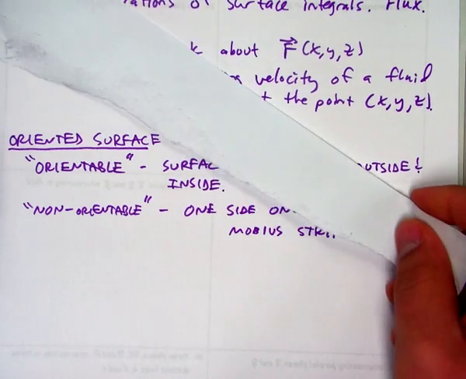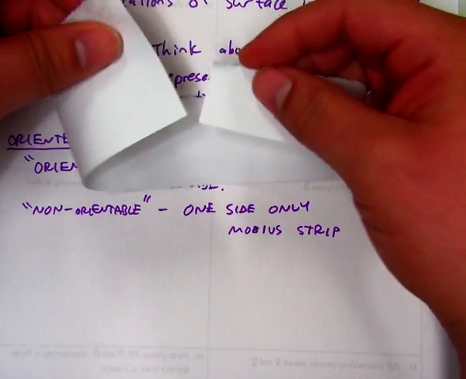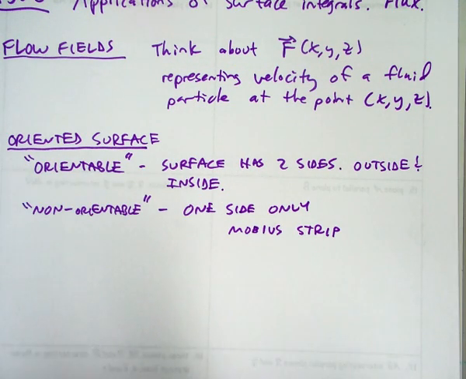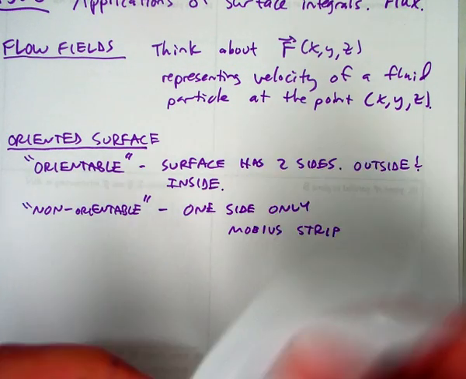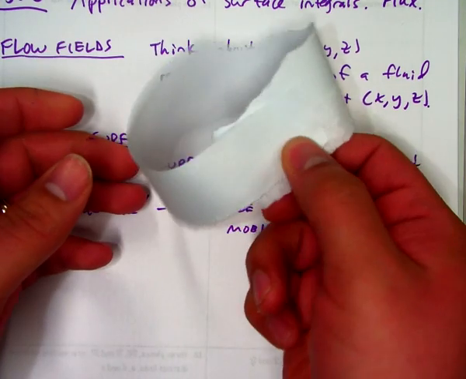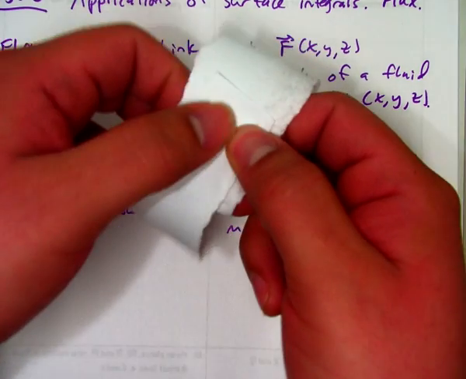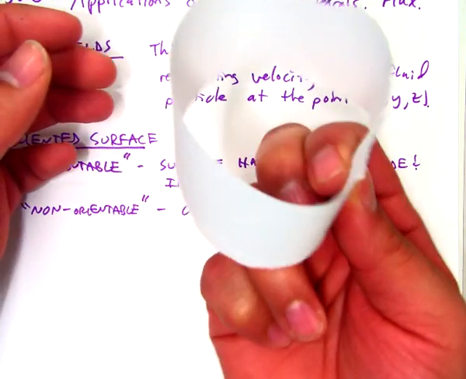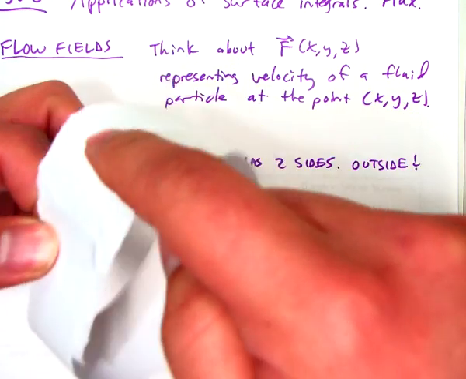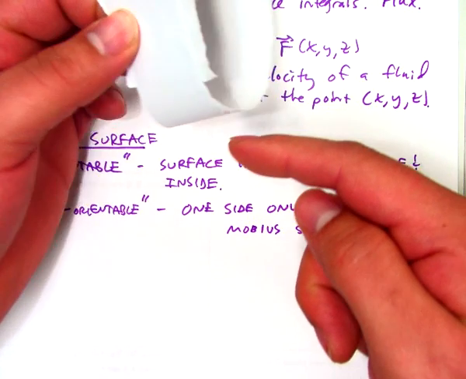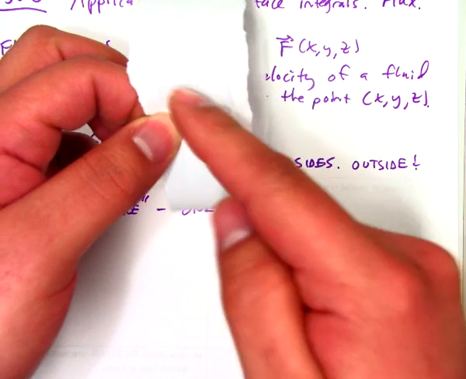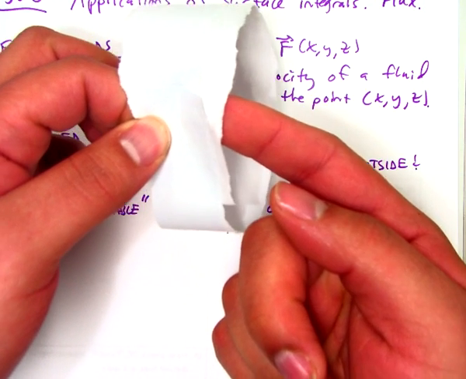Okay, so if you take this, I should probably trim it a little bit. Okay, if I connect this piece of paper like that, you guys see that there's a top and a bottom, or an outside and an inside, right? If there were a little bug walking along this surface, it would have no way of going to the other side unless it, like, crossed over. Okay?